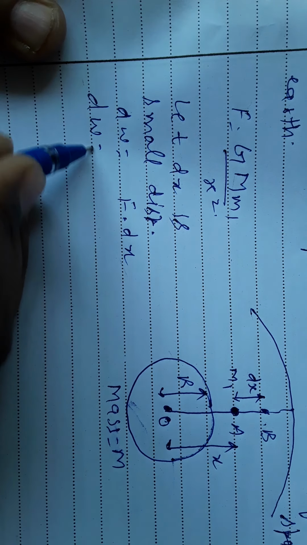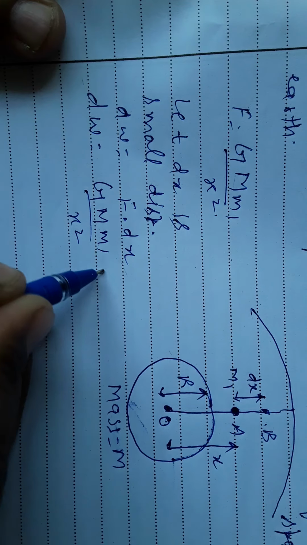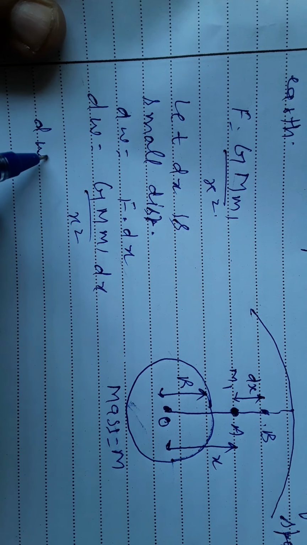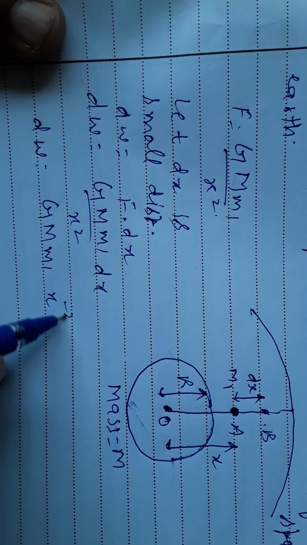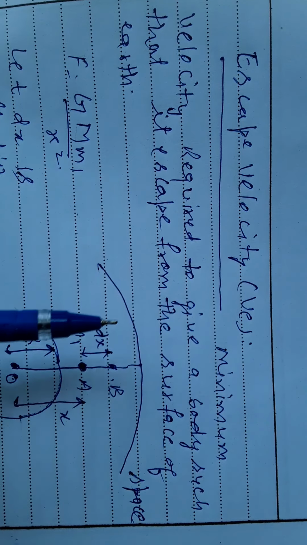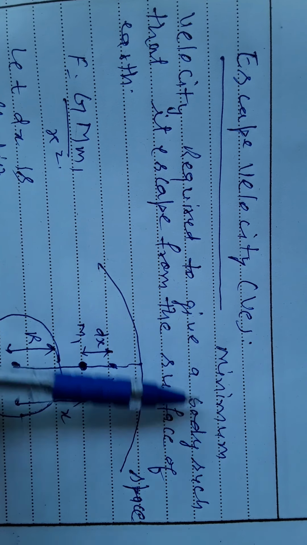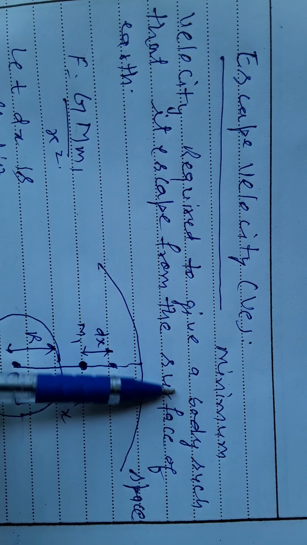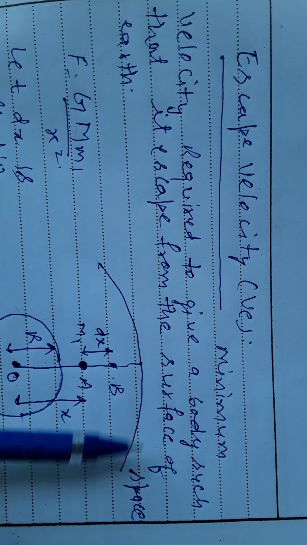Now we can write G m m1 upon x square into dx, that is, G m m1 x power minus 2 into dx. Escape velocity is defined as the minimum velocity required to give a body such that it escapes from the surface of Earth and goes into space.